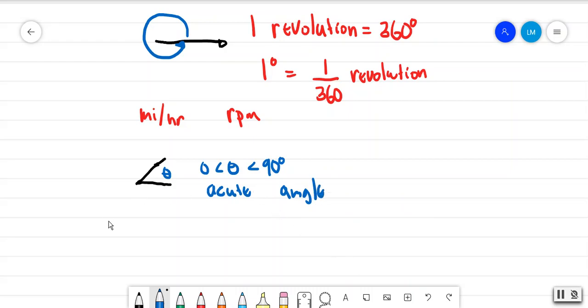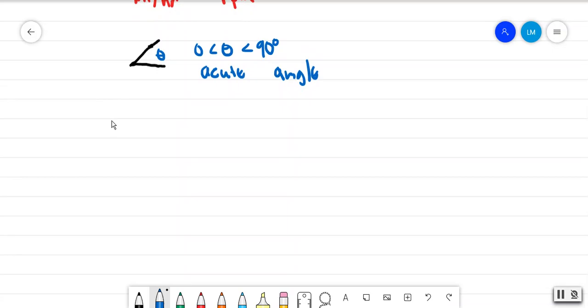Similarly, if I was to draw something like this, and let's just use our imagination, and we'll draw something like that. Here theta is a right angle, because theta is equal to 90 degrees in this case.